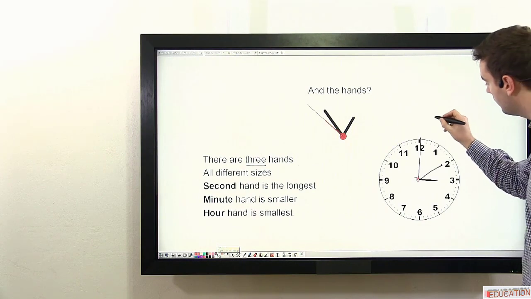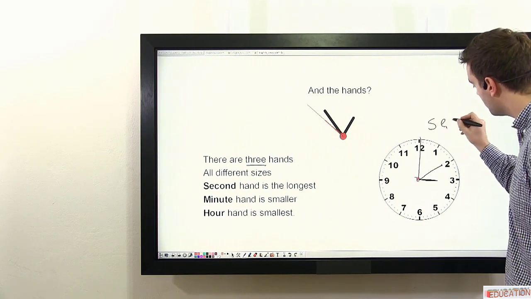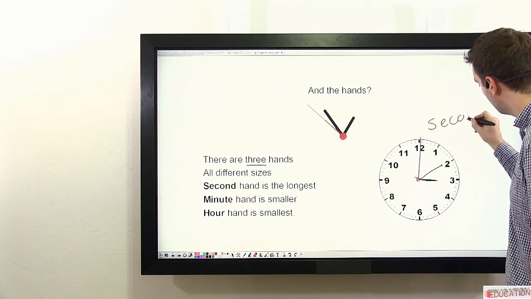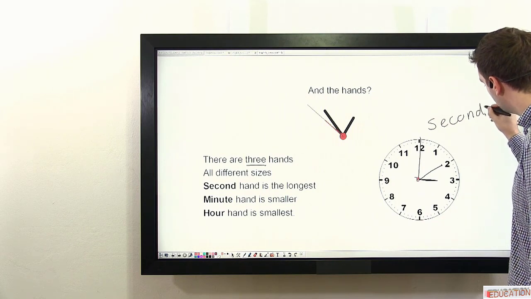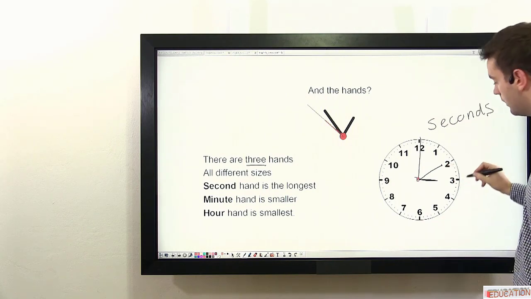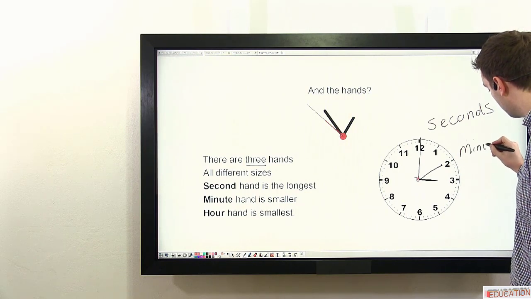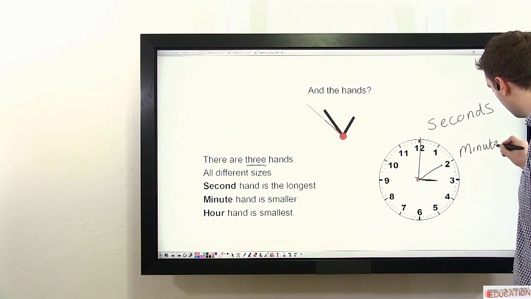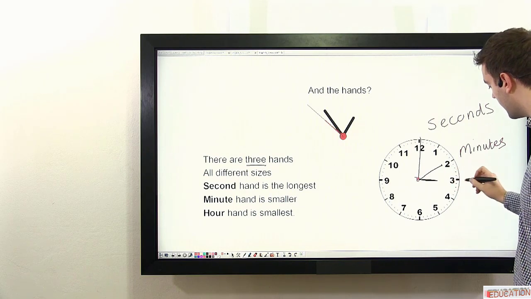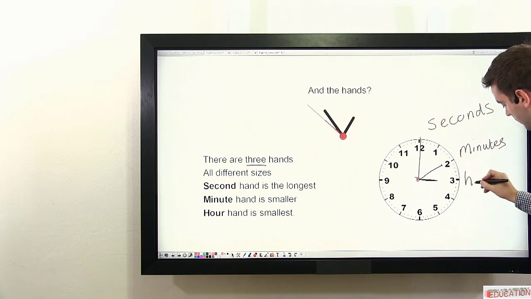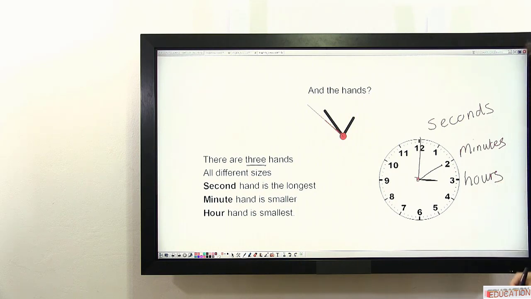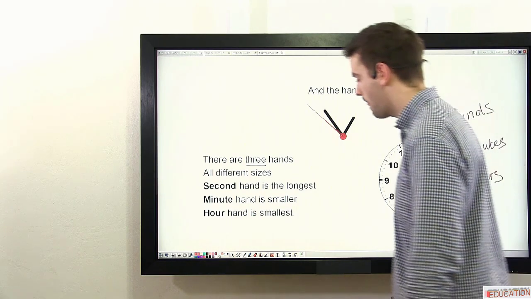So this hand is for seconds. This hand is for minutes. And this hand is for hours. Seconds, minutes, hours.